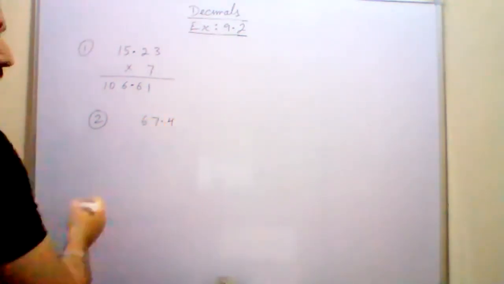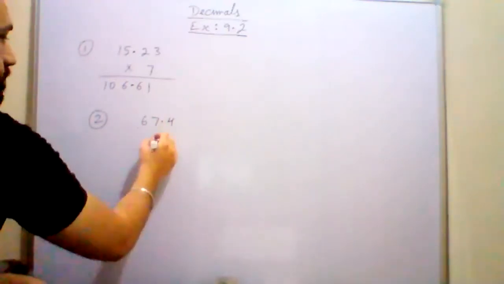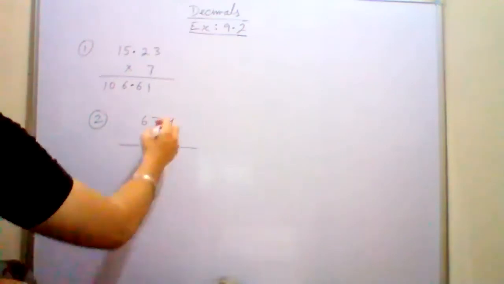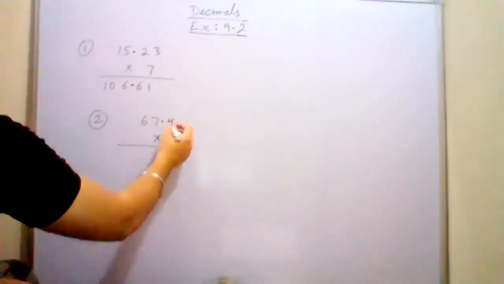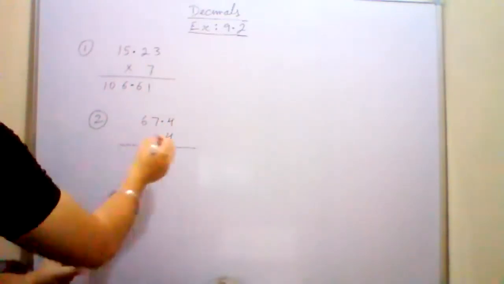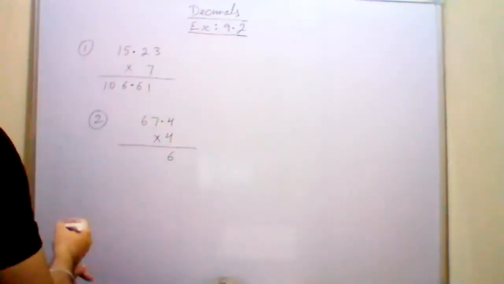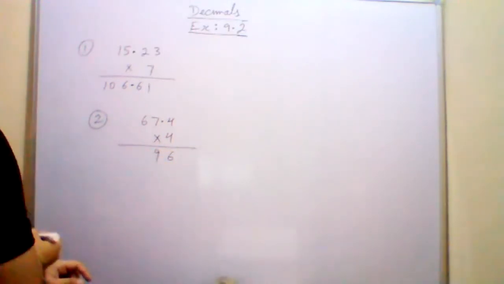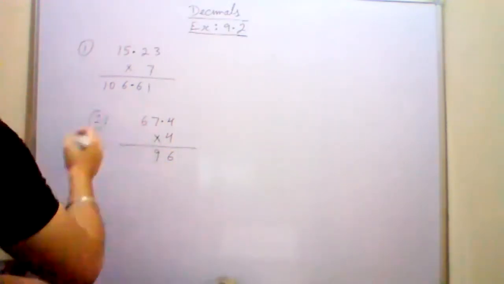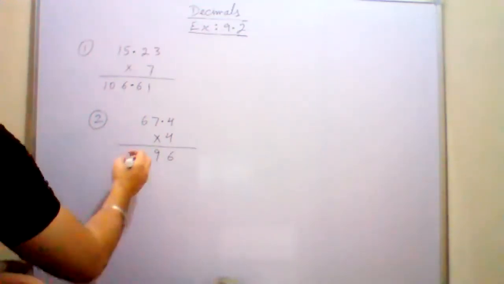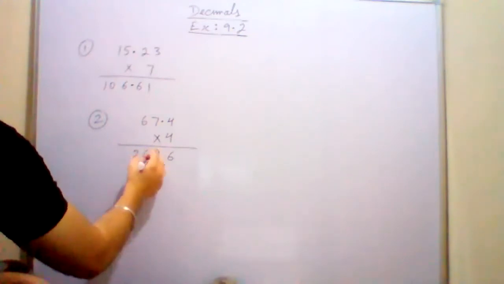Another example: 67.4 into 4. 4 into 4 is 16, 1 carry. 4 into 7 is 28, 28 plus 1 is 29. Carry. 4 into 6 is 24, plus 2 is 26.